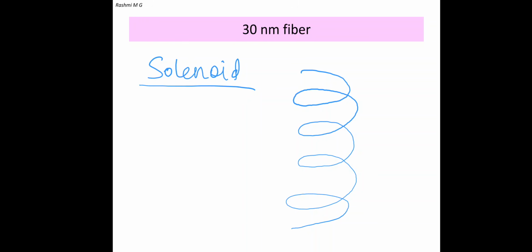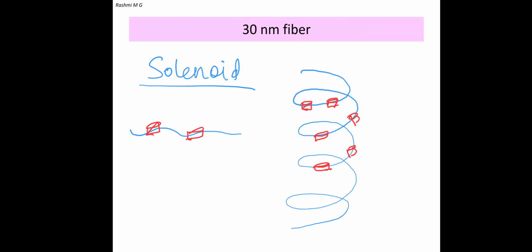The helix which I have drawn is nothing but DNA, and there are nucleosomes attached to it, having a bead structure. What I drew previously was a linear one, and this linear one with the nucleosomes has formed a helical path.